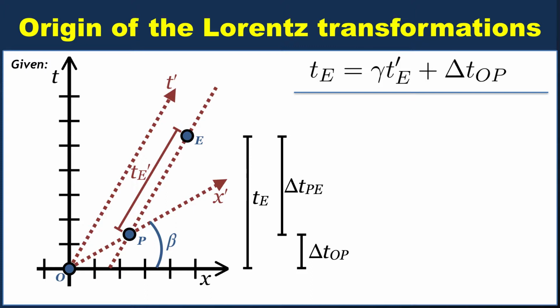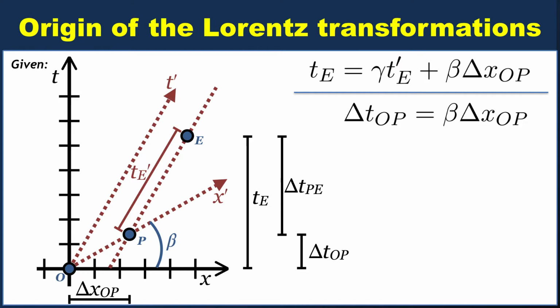And now we're going to label a distance in the home frame, delta x op, the spatial distance between points O and P. Well, if we do that, you can see that there's a very simple relationship between delta t op and delta x op, namely that they're related by a multiplicative factor of beta. So if we do that, at the very least, we can replace delta t op in the top expression with beta times delta x op.